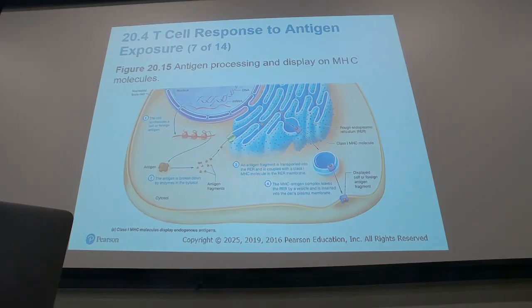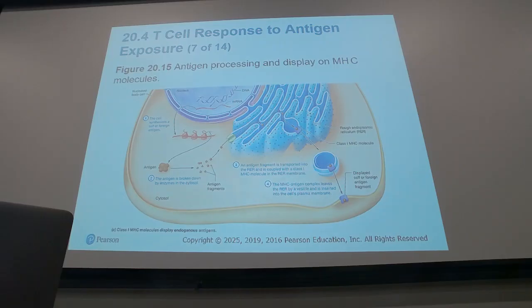You go home, the steak is the antigen, and then what do you do? You take it out, right? And then you only take out the steak, and then you start cooking it. And then you put it on a plate. So the plate is going to be your MHC, and then your steak is going to be the antigen. And you're going to have extra pieces there that you don't need.